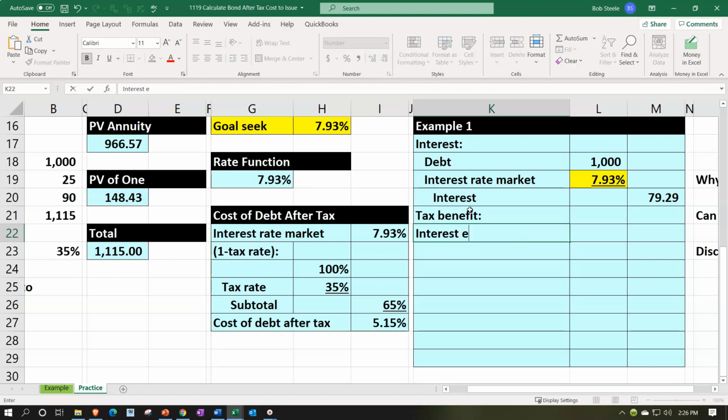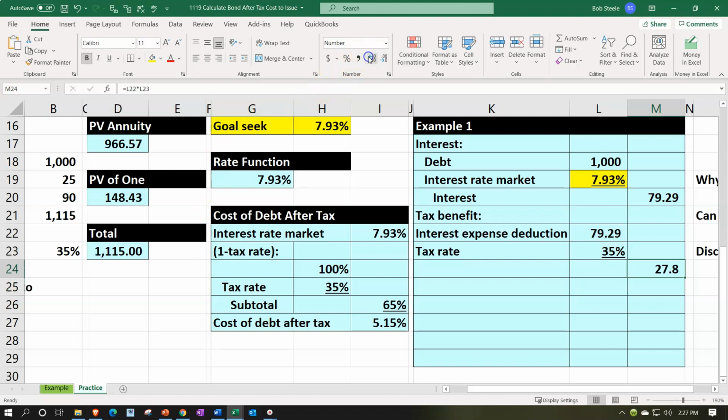It's the interest expense deduction that you would get on average over the life of this thing, which would be the 79.29, adding some decimals, number group decimals, and then multiply times the tax rate, which I'll just say equals the tax rate over here, that 35%, making that a percent, numbers group, percentifying it, font group, underlining it, and then multiplying that out, 79.29 times the 35%, adding pennies, numbers group, couple pennies. That's going to be the tax benefit.